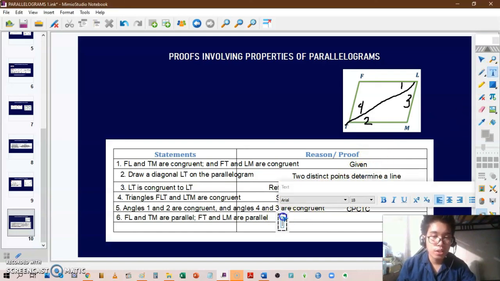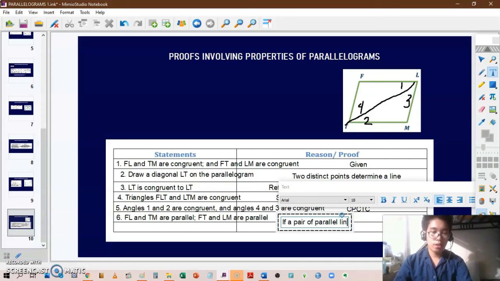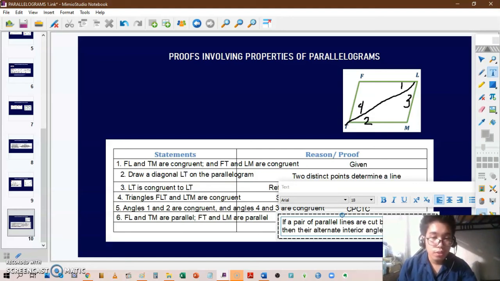Our reason is: if a pair of parallel lines are cut by a transversal, then their alternate interior angles are congruent. So we can put that proof over here.